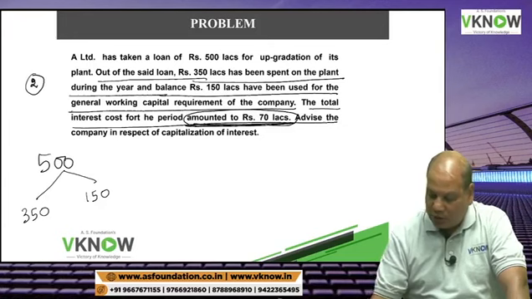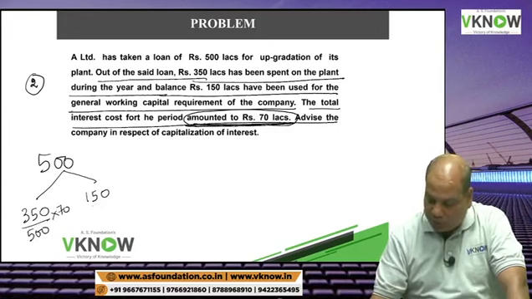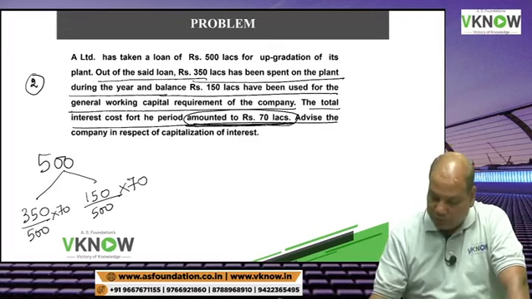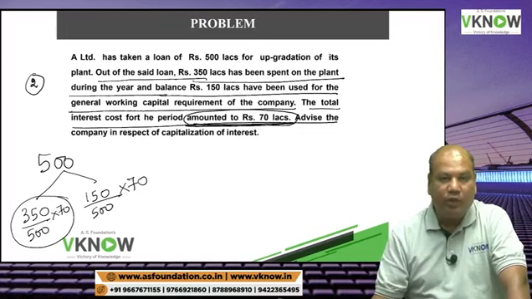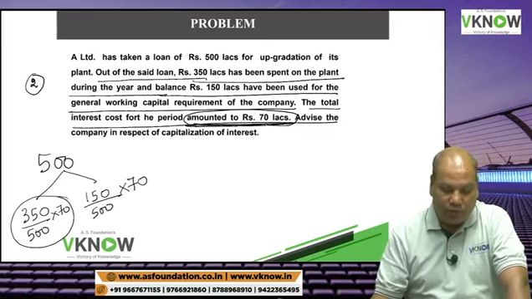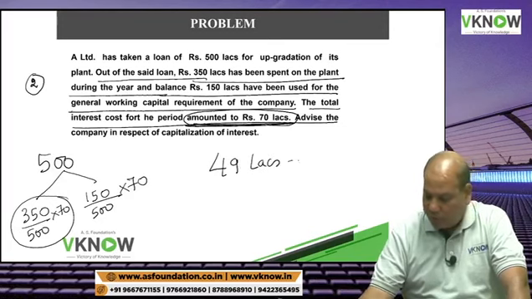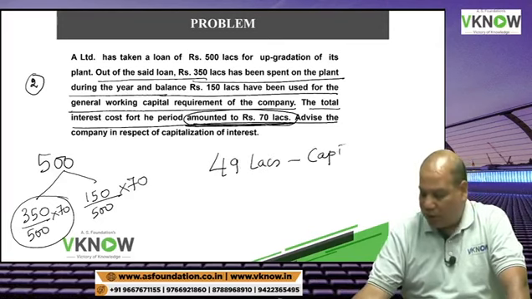I have to apportion that interest in the ratio of 350 is to 150. So please tell me, 350 divided by 500 into 70 is how much? 49 lakh. 49 lakh can be capitalized.